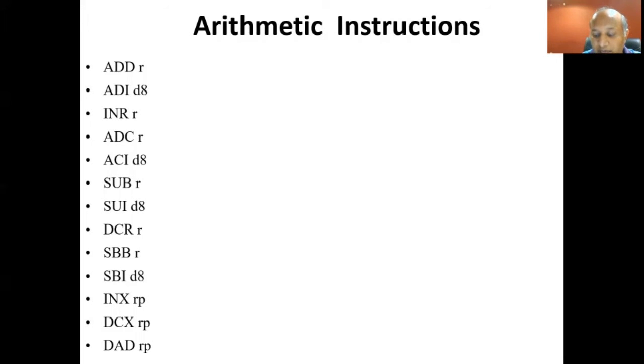But we have a carry flag here. When we add 45H with F3H, the answer is 38H, which is 0011 1000 with the carry flag 1. This is how the addition and subtraction values change the value of the flag register.